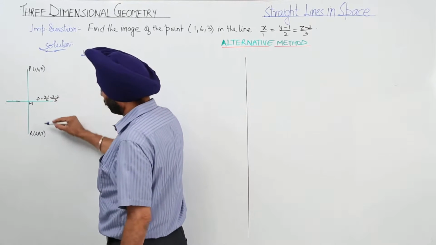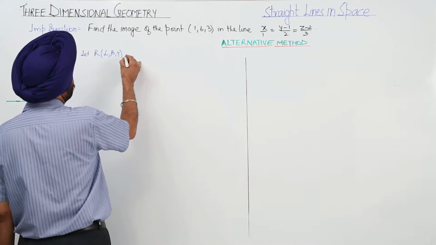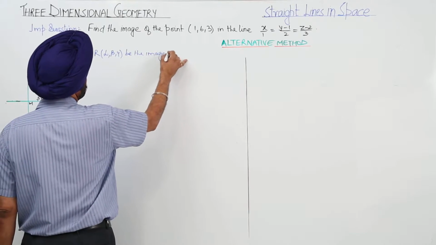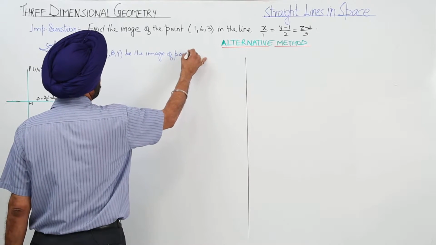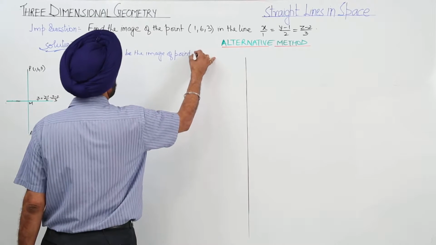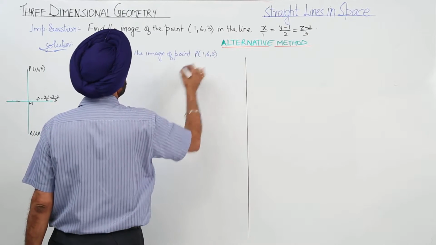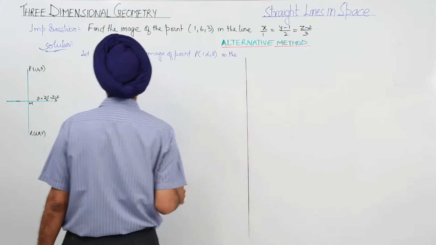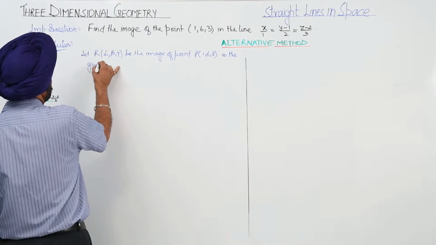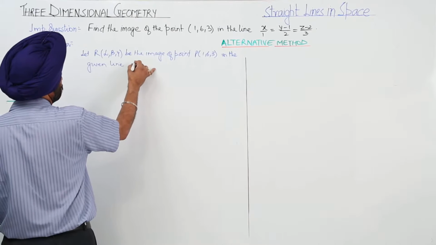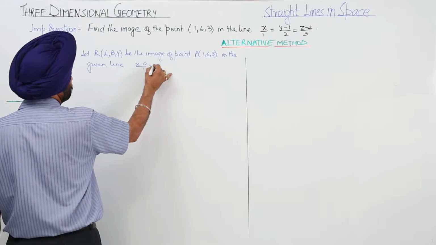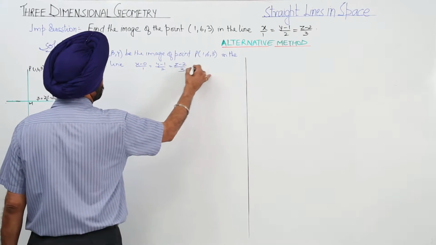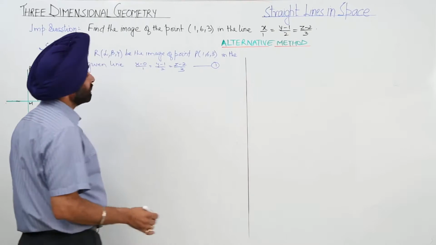Here in the figure, this is point P and this is point R. Let point R (alpha, beta, gamma) be the image of point P (1, 6, 3) in the given line (x minus 0) upon 1, (y minus 1) upon 2, (z minus 2) upon 3. So, let this be equation number 1, given line.